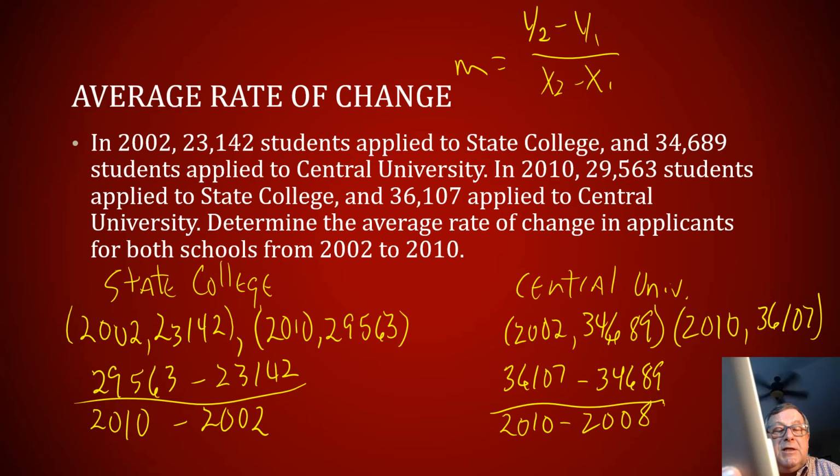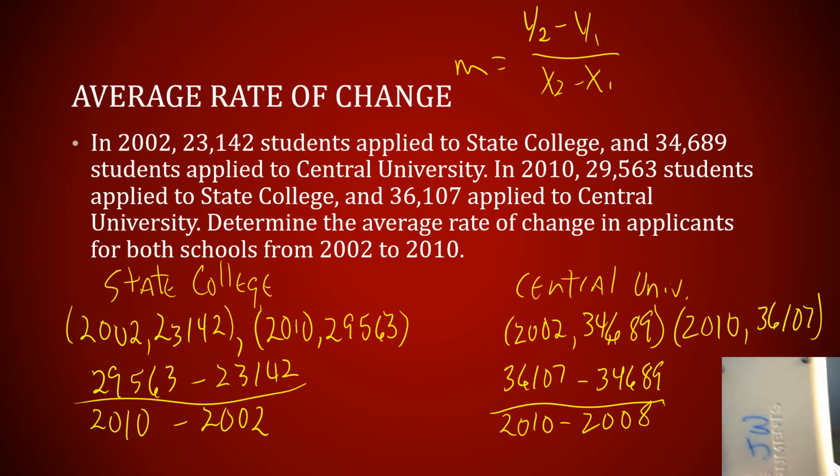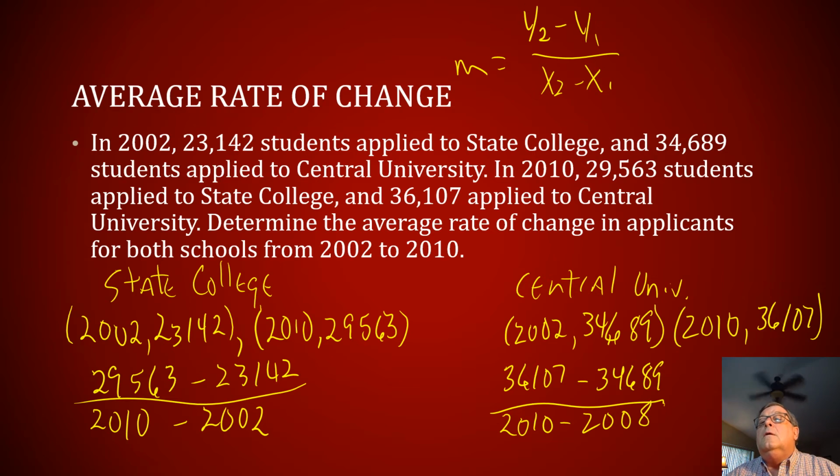And 2010 minus 2002, that's going to be 8 years. So we're going to divide 6,421 by 8. And we get 802.6. Well, I can't have 0.6 of a person. So we've got an average of 803 applicants per year to State College.